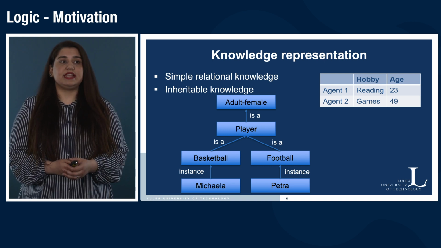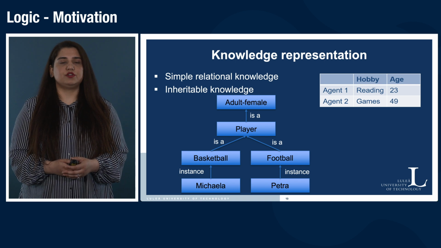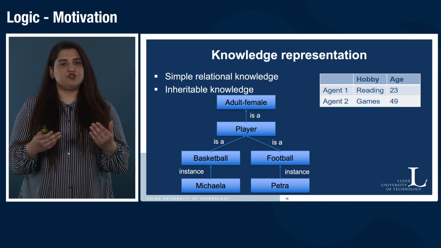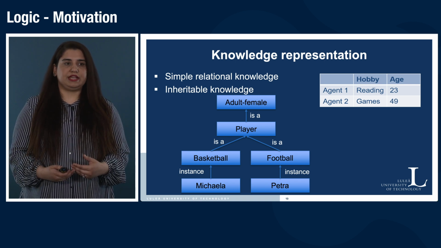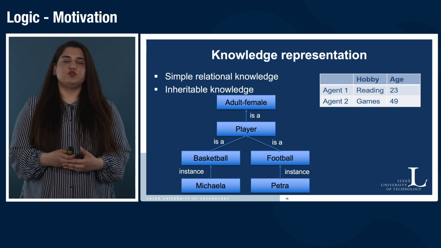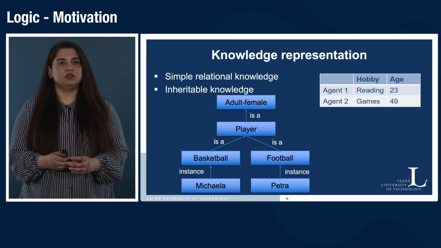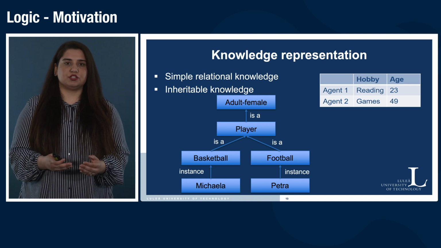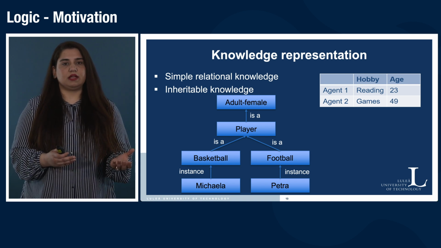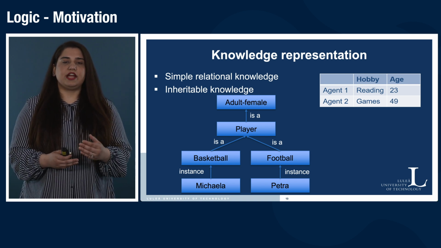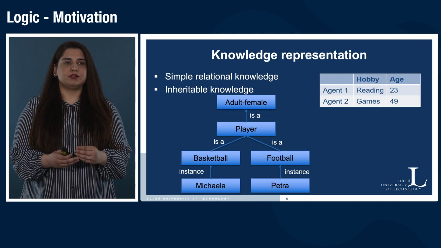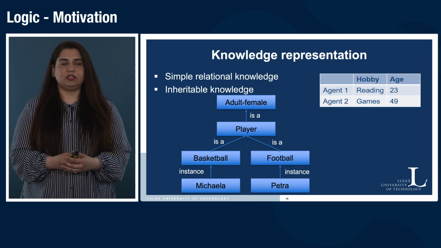The second is inheritable knowledge. Here you see in front of you a tree or a graph type of structure, where we try to represent different facts about any entity or a person, and then we represent it in terms of relational methodology.